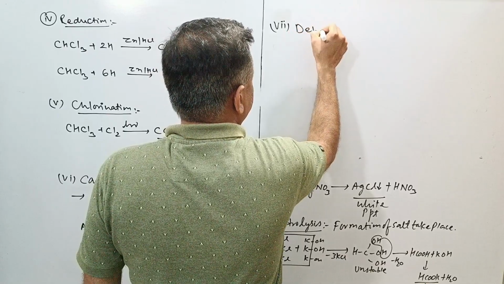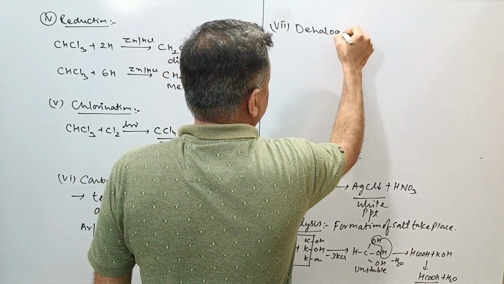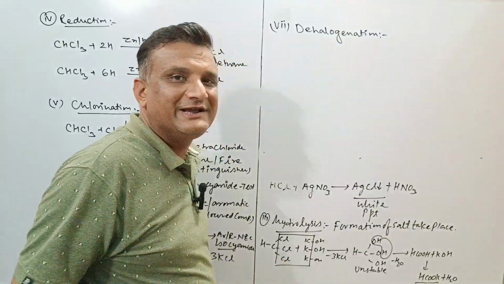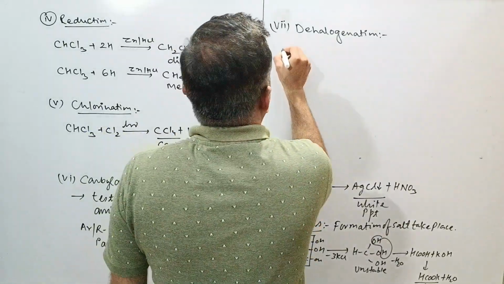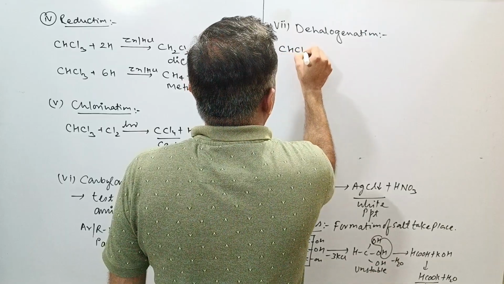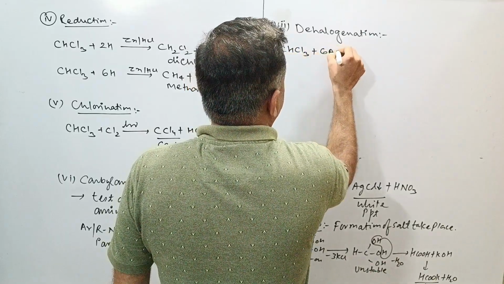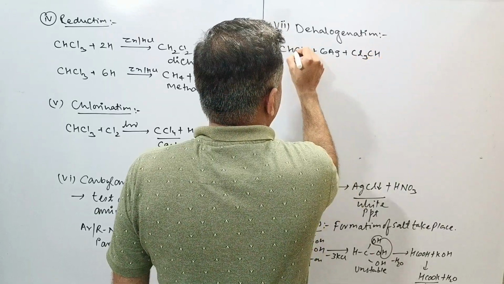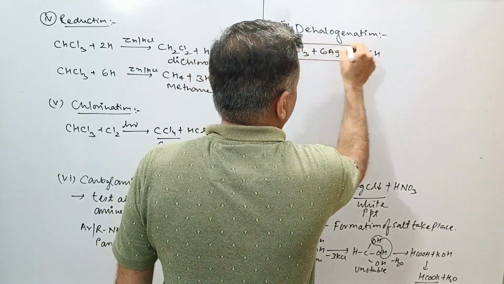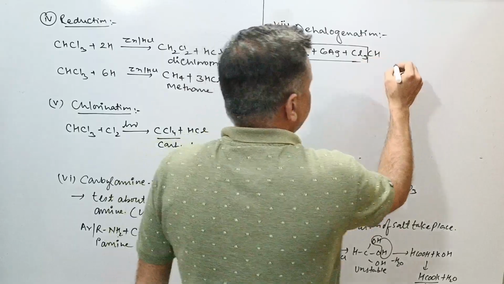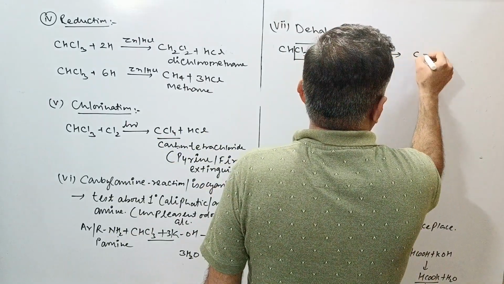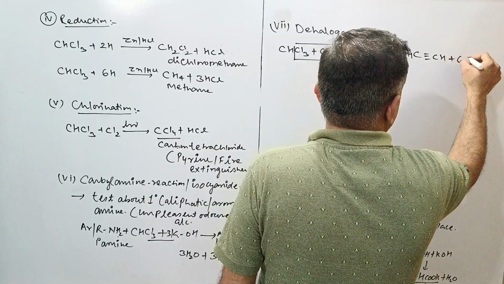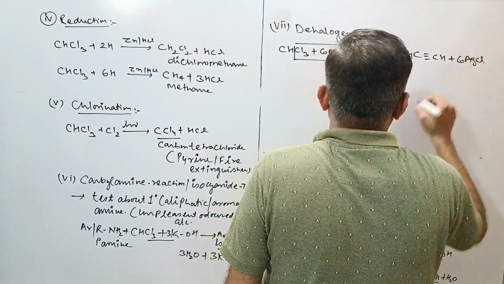Dehalogenation. You can say removal of halogen group is called dehalogenation. If there is just CHCl3, chloroform, with 6 Ag, then there will be removal of halogen and formation of CH triple bond CH, alkyne, along with 6 AgCl.